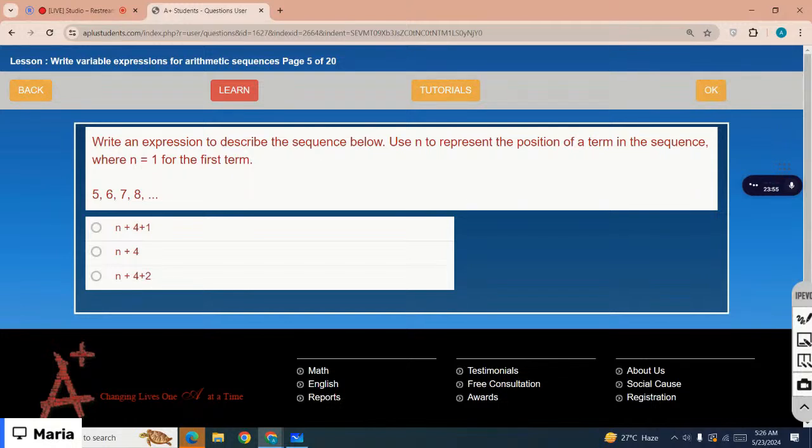Write an expression to describe the sequence below. Use n to represent the position of a term in a sequence where n equals 1 for the first term.